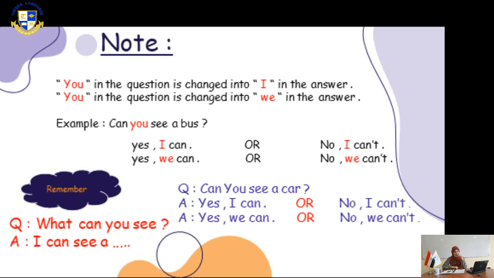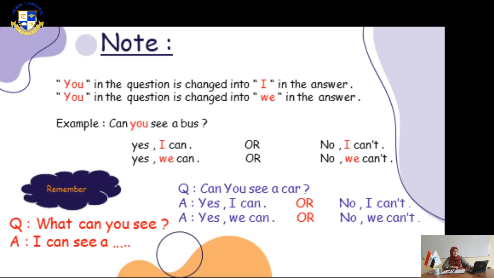Okay, when I ask you, my student, can you see a bus? You will answer yes, I can, or no, I can't. If I'm asking all of the class, can you see the board? Yes, we can. No, we can't. So when you see you in the question, you are changing it into I or we in the answer.